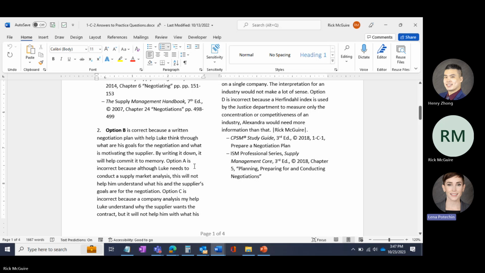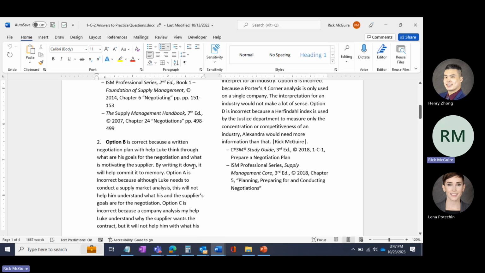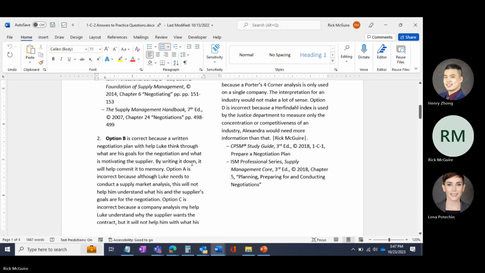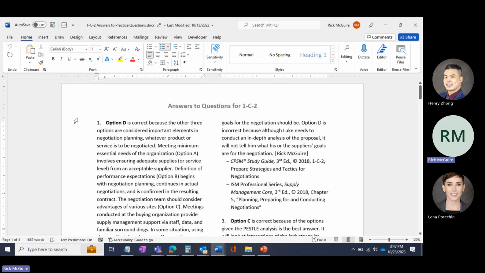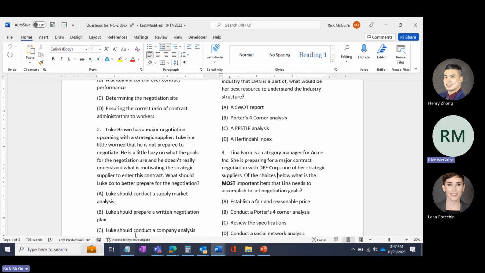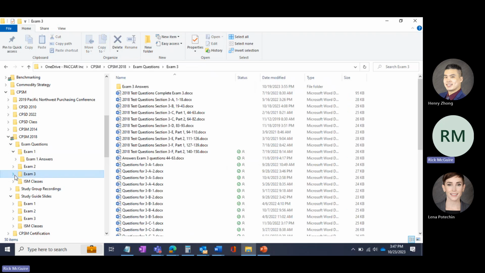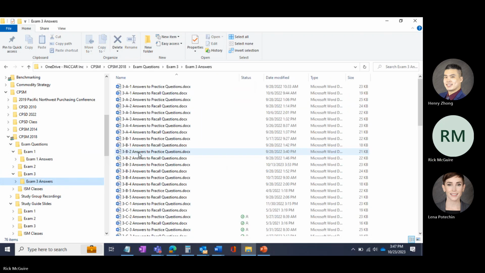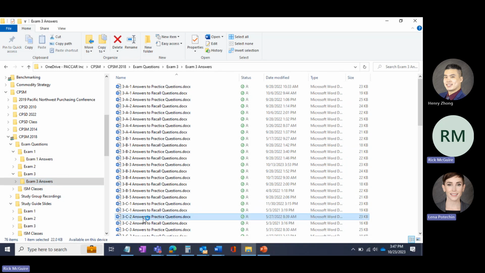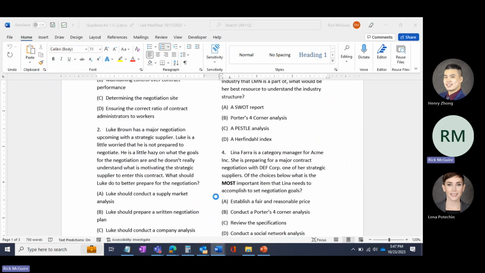I think we're at the wrong thing. Oh, are we? Yeah, I'm looking at 1 C2. I need to be looking at 3 C2. I don't know why I always do that. Let's try the right answers here.